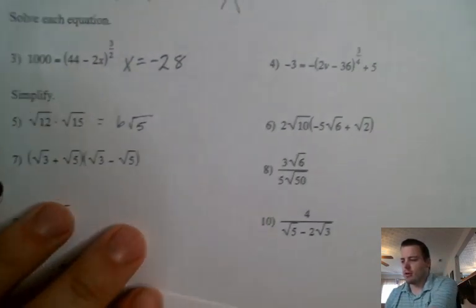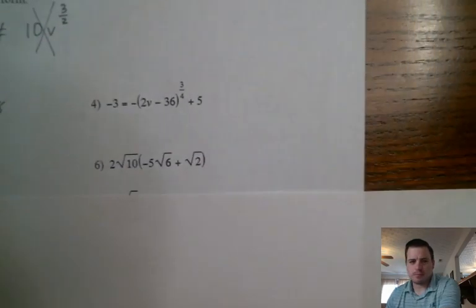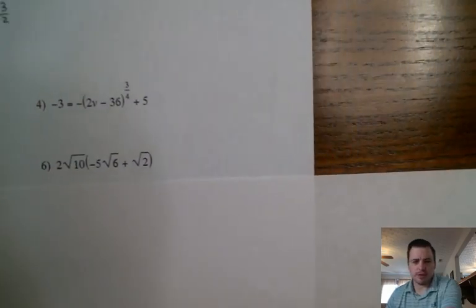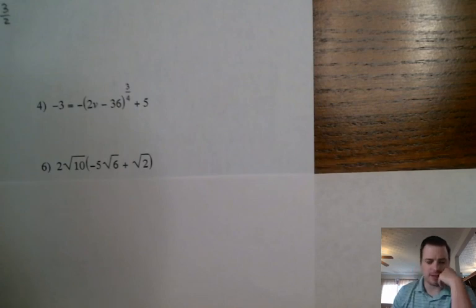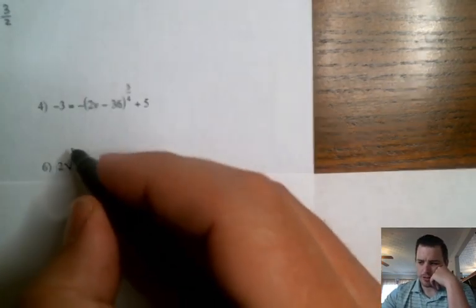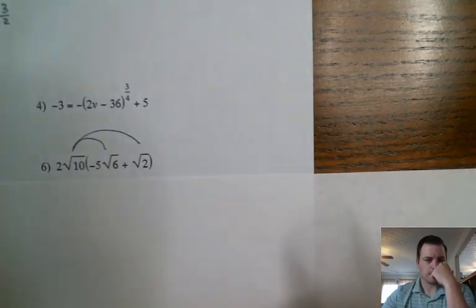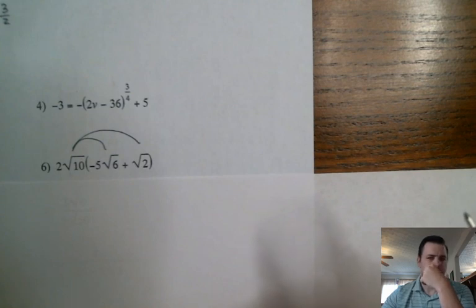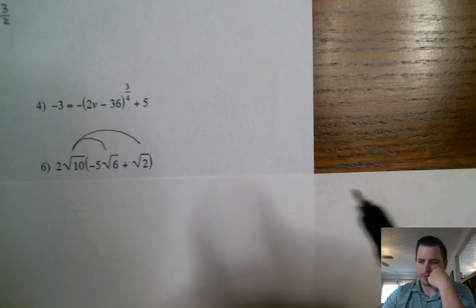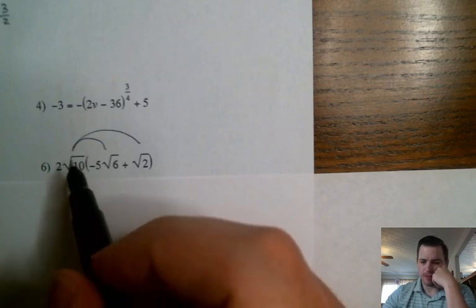Now I'm actually going to work number 6 with you. So let's look at number 6 real quick. So our first step with 6 is to distribute this. Okay, and when we distribute this, here's what happens.